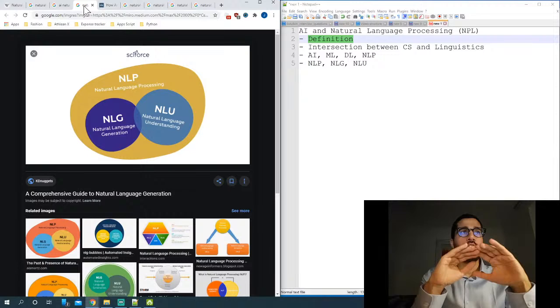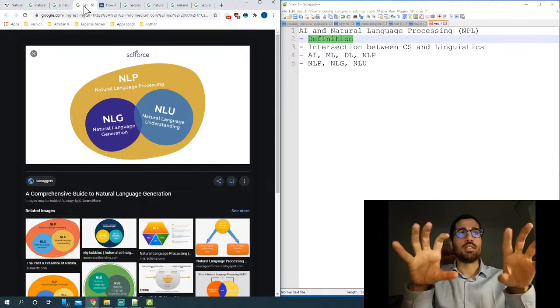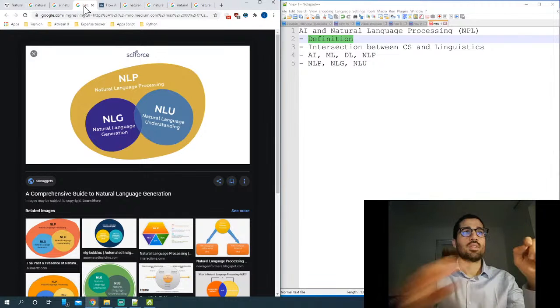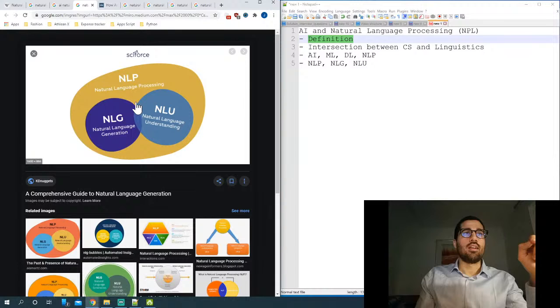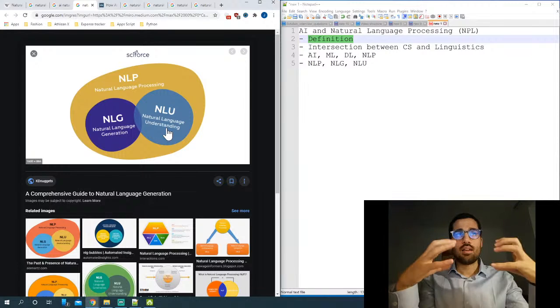So under natural language processing, we can find again two subsets that we have already mentioned before. So the first one is natural language understanding. It means the machine has a text, a transcription of what a person has said, and the machine has to extract the meaning of that text.